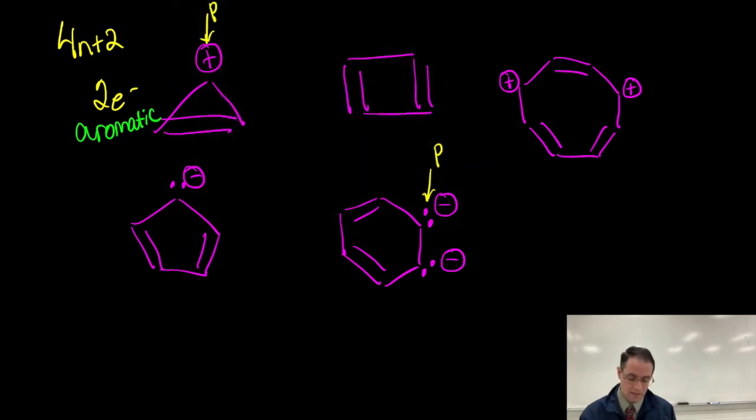This second molecule here, there's no charge to worry about, but there's a total of 2 pi bonds, so that's 2 electrons each, so that's 4 electrons. That satisfies the 4n, where n is equal to 1. So we say this one is anti-aromatic. This third molecule here, there is indeed a p orbital on every atom.